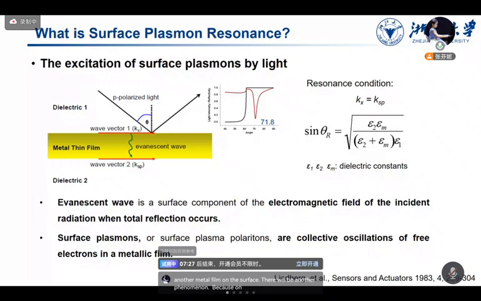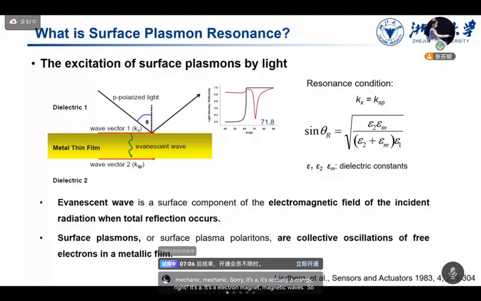Because on the surface of the metal, we have a lot of free charges, right? We have free electrons, and the light itself is electromagnetic. It's actually an energy, right? It's an electromagnetic wave.